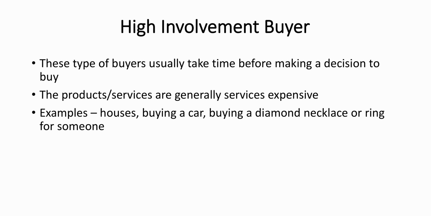Buying a car can take six months to a year to find the right one. Buying a diamond necklace can take weeks or months, because these buyers know they're going to spend a lot of money, and they want to do all their research on the product before purchasing.